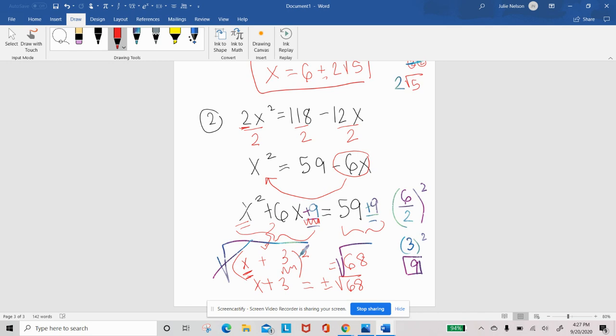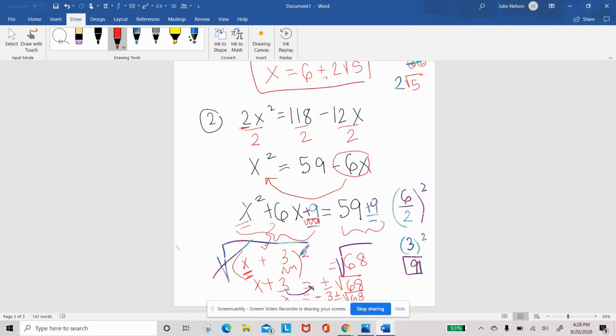So now what would I do to solve for x? Pause for a second and think about it. Okay, so hopefully you realize that you would have to move this 3 over. And when you move that 3 over, you would be subtracting 3. So x equals negative 3 plus or minus the square root of 68.